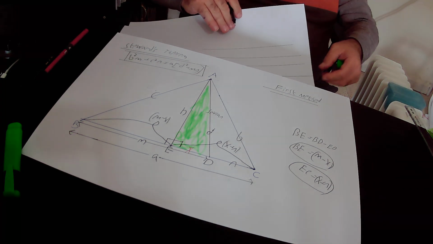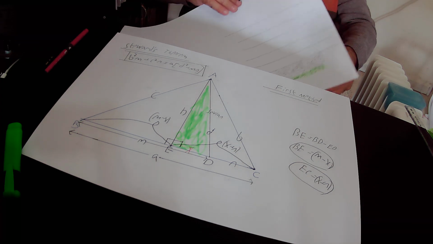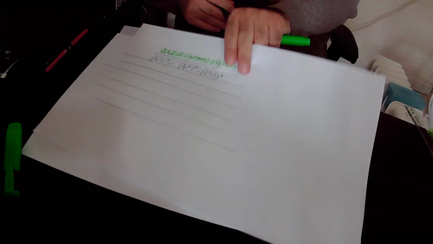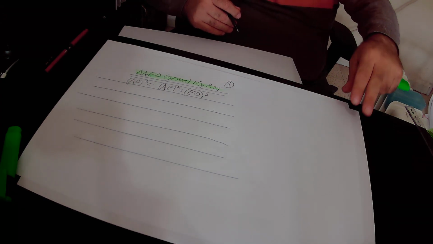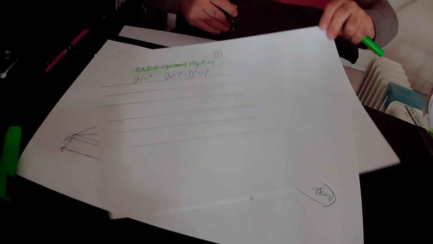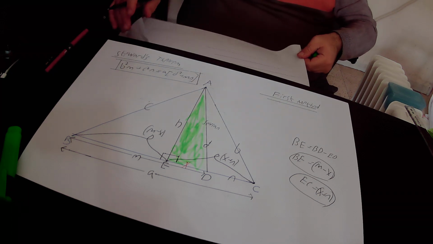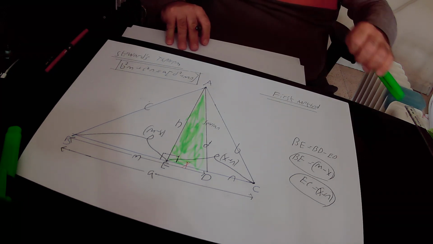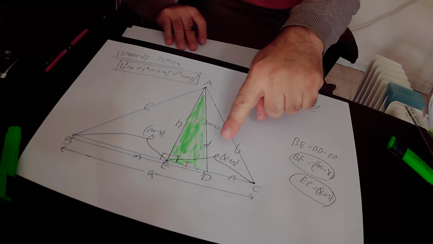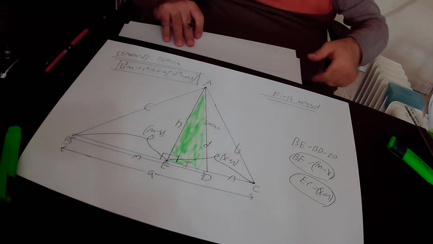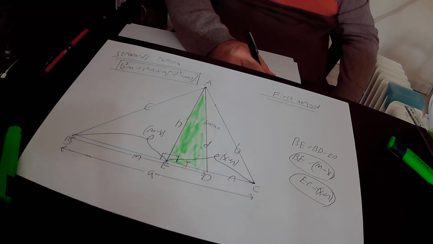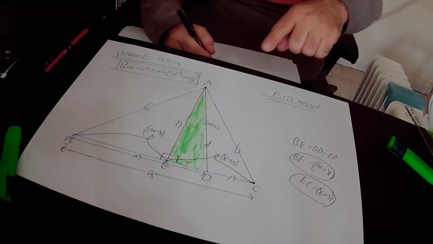Repeat again, according to the Pythagoras theorem, in the right green triangle AED, we found out that AD squared equals AE squared plus ED squared. AD equals d units, therefore AD squared equals d squared, and equals AE squared.